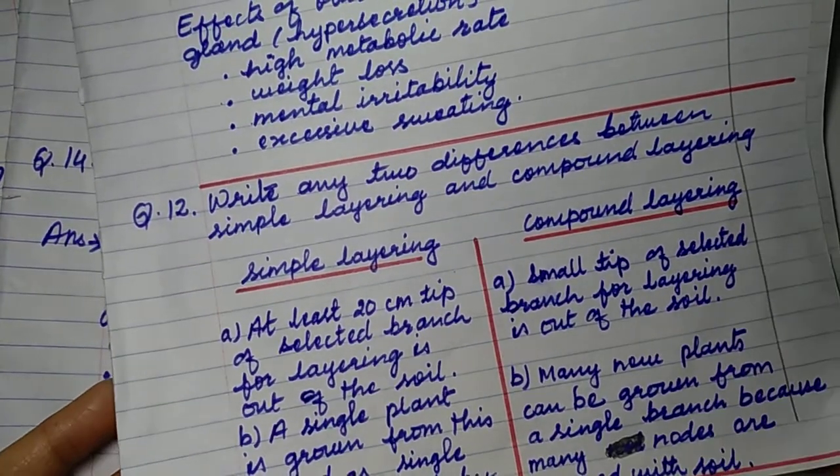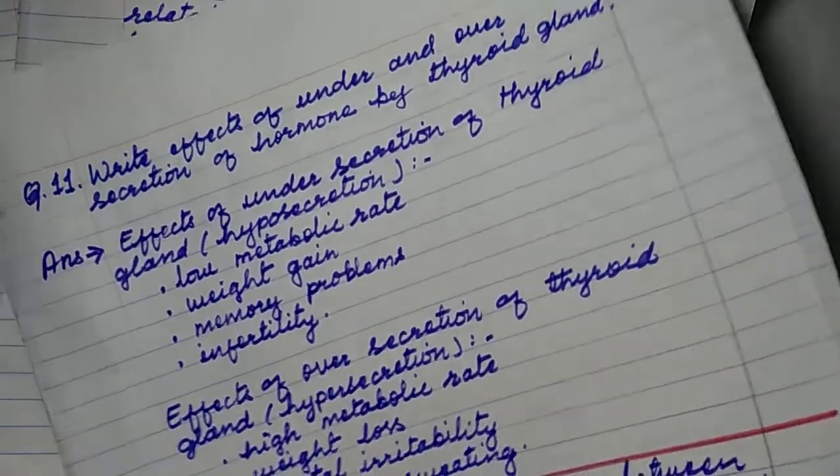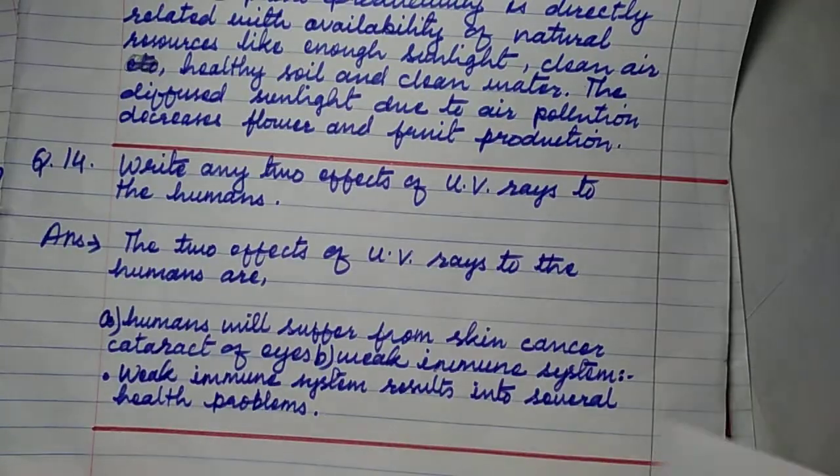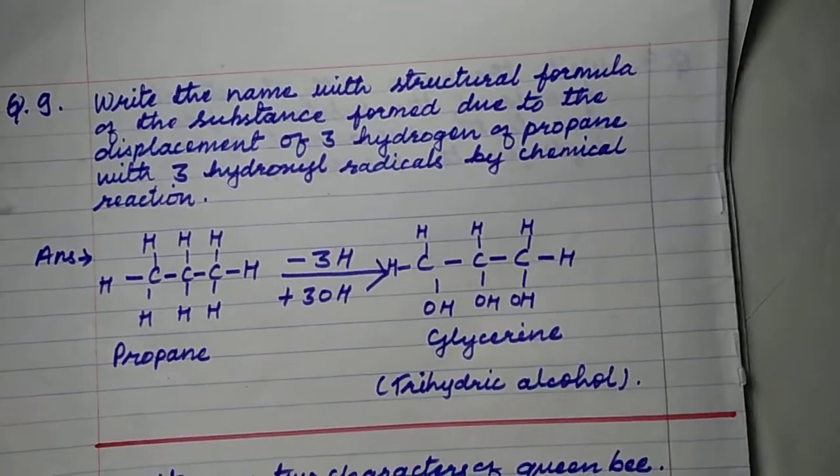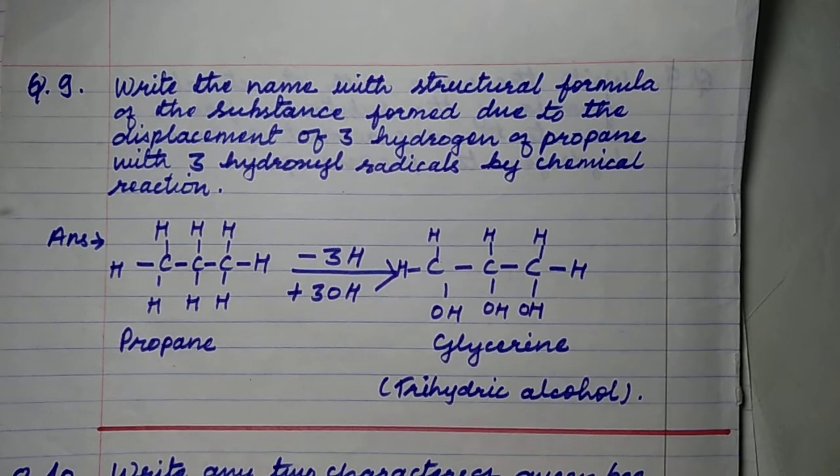Now the next question is, write the name with structural formula of the substance formed due to the displacement of 3 hydrogen of propane with 3 hydroxyl radicals by chemical reaction. Look at the question carefully. In this question, the question is more complex than the answer.